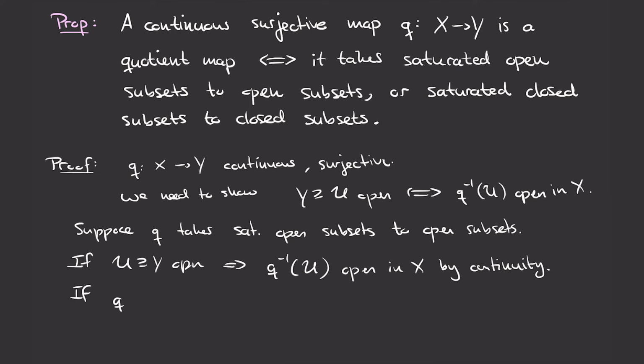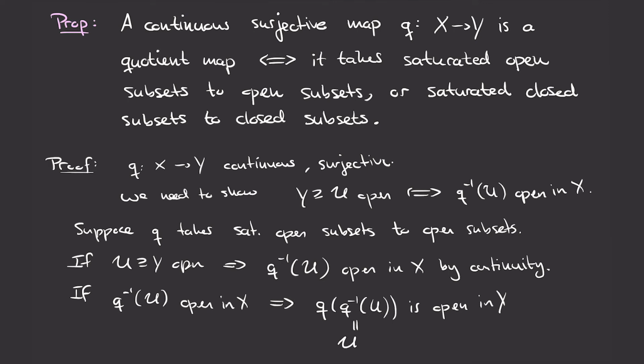Conversely, if the pre-image of some set U is open in X, well, this thing here is precisely a saturated open subset of X. So this implies that Q of Q inverse of U is open in Y. But on the other hand, Q of Q inverse of U is equal to U, and this follows because Q itself is surjective.